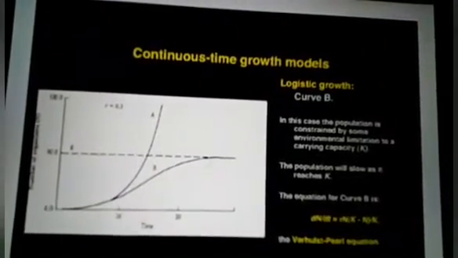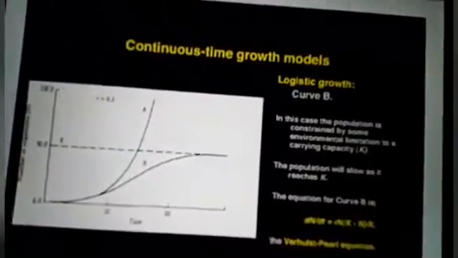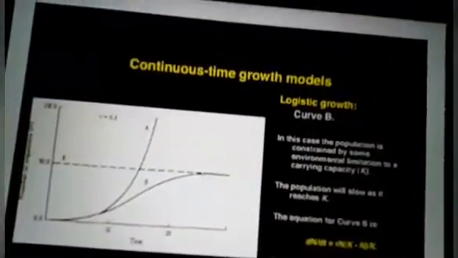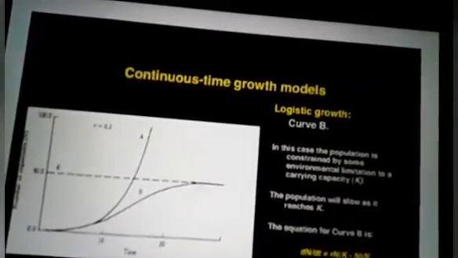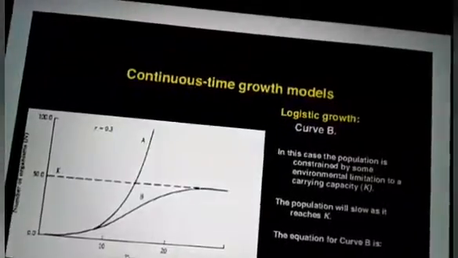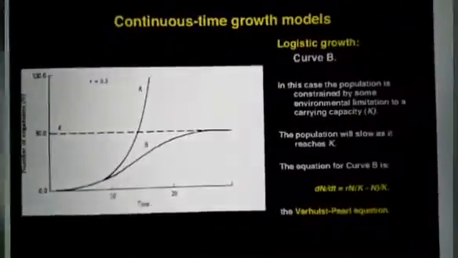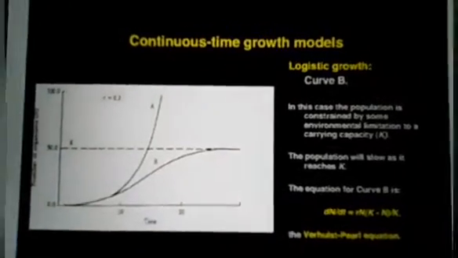And then we said r = b - d as our equation 2, and then dN/dt is for calculating the population, until we reach this equation we call the Pearl-Verhulst equation.